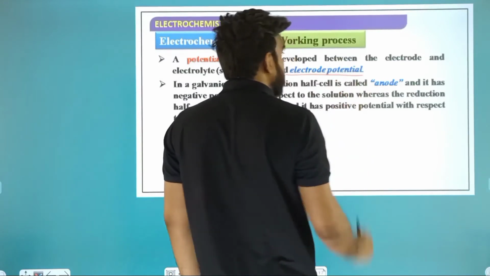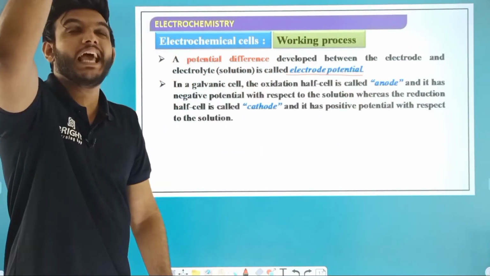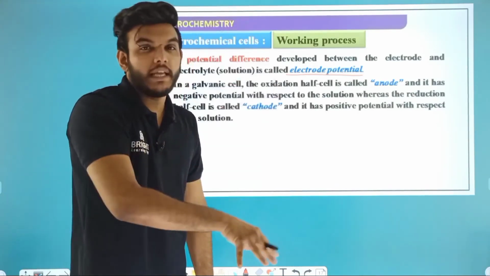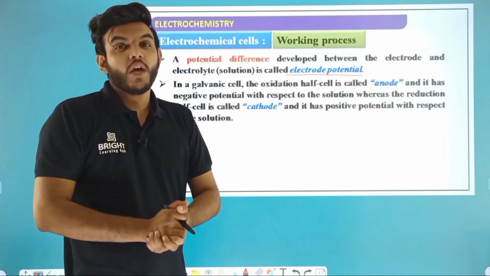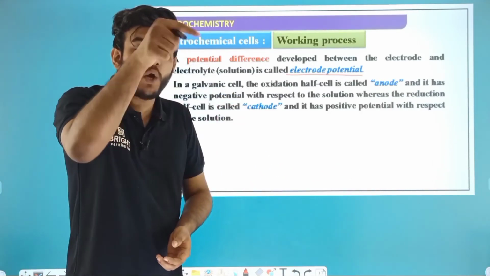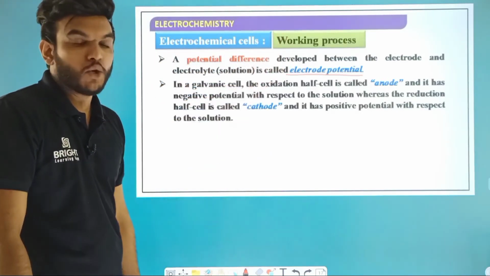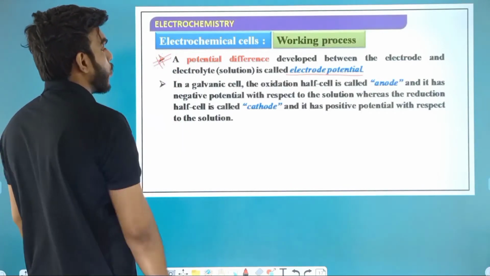So when we are writing electrode potential, you have to know it is a potential difference between the electrode and electrolyte. When an electrode is dipped in an electrolyte, it has a tendency to lose or gain electrons, so a potential difference occurs between the electrode and electrolyte, and that is known as electrode potential. This definition is important, please. It may come for 1 mark.